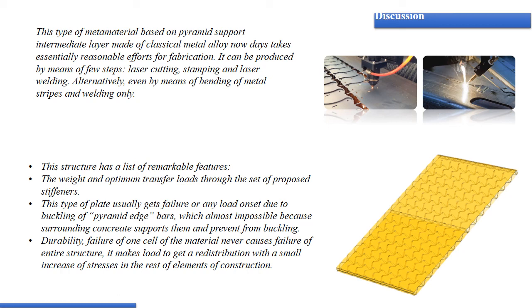The load is just redistributed to the rest of the cells, and it is not like in the case of conventional rods, when we destroy one stick, a lot of material of the plate doesn't work. Here only one small cell will be removed, so durability is high.